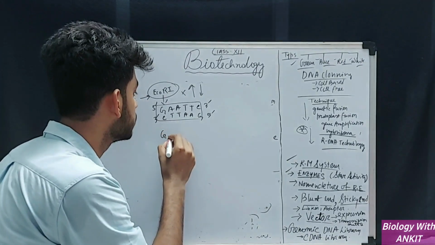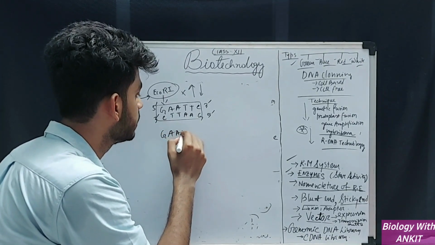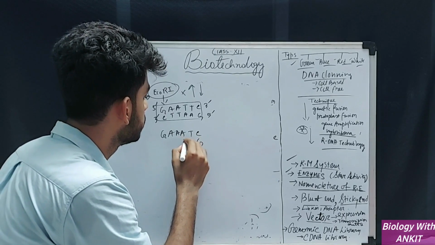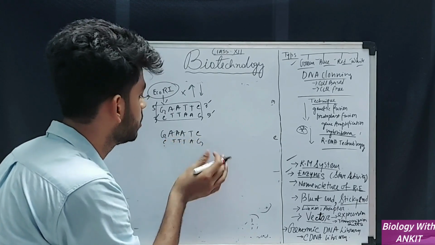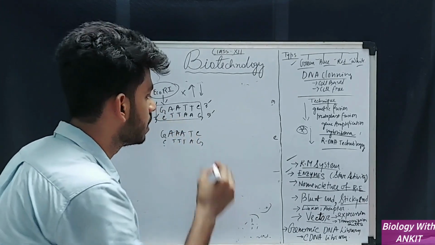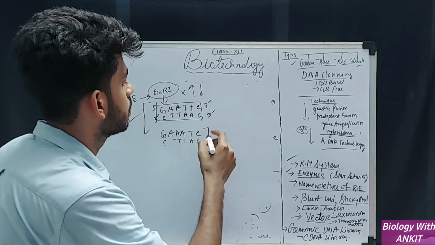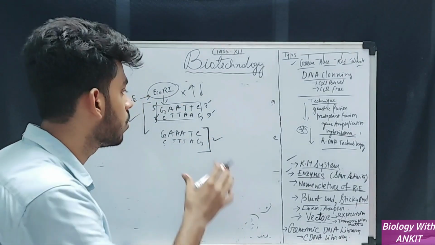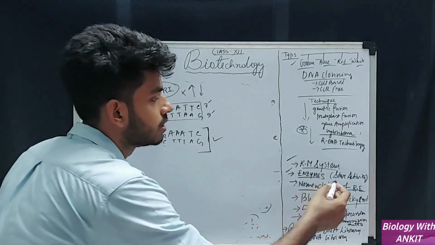Suppose this sequence. So originally it was recognizing this sequence, but under altered conditions, EcoR1 recognizes this sequence. So this altered activity is called star activity.